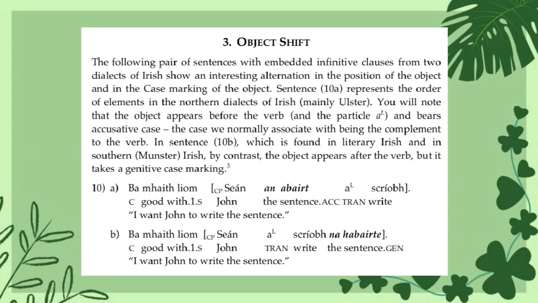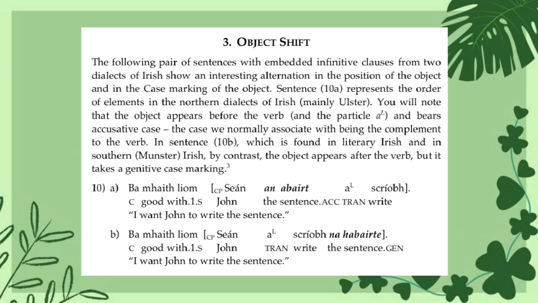You will note that the object appears before the verb and the participle, and bears accusative case, the case we normally associate with being the complement to the verb. In sentence 10b, which is found in Literary Irish and in Southern Munster Irish, by contrast, the object appears after the verb, but it takes a genitive case marking. So here's the illustration of number 10, A and B.